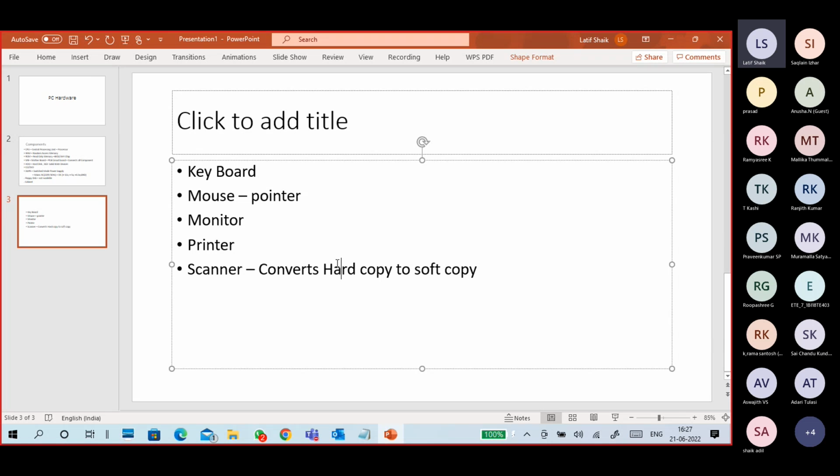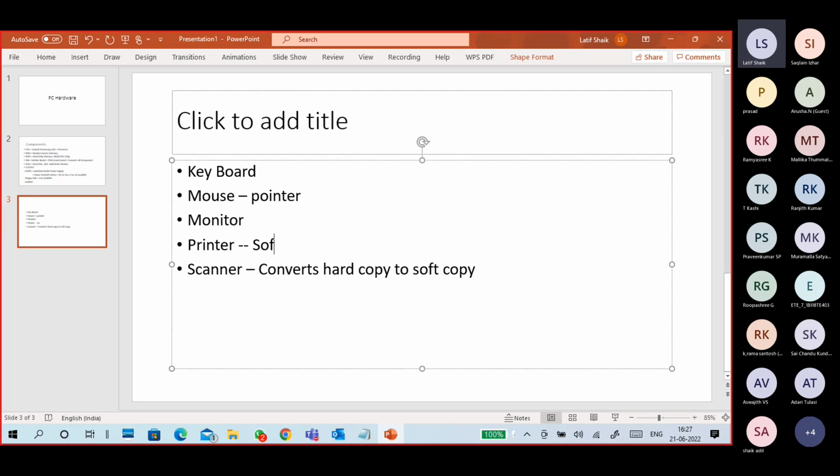You know why I'm telling these very small details which we already learned in your school days? Okay. Now don't worry. So what is a printer?